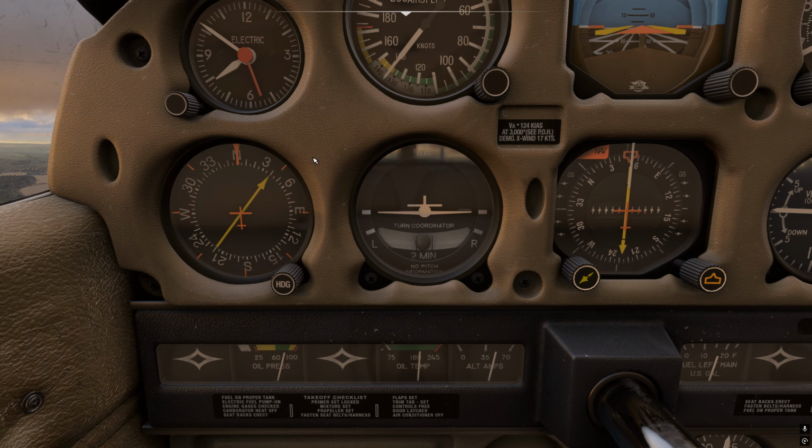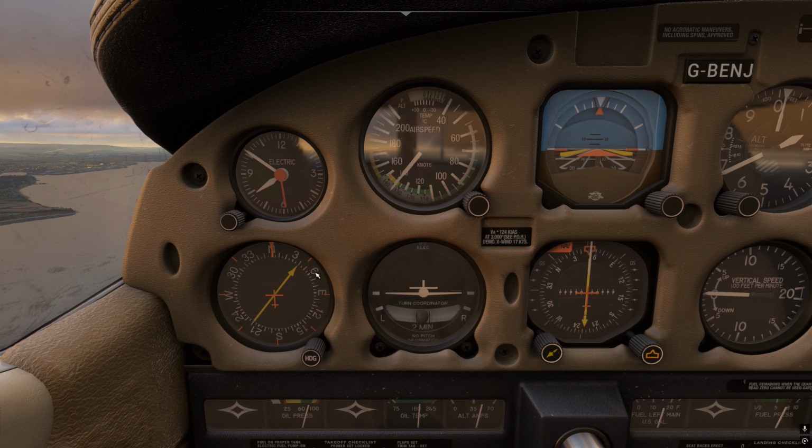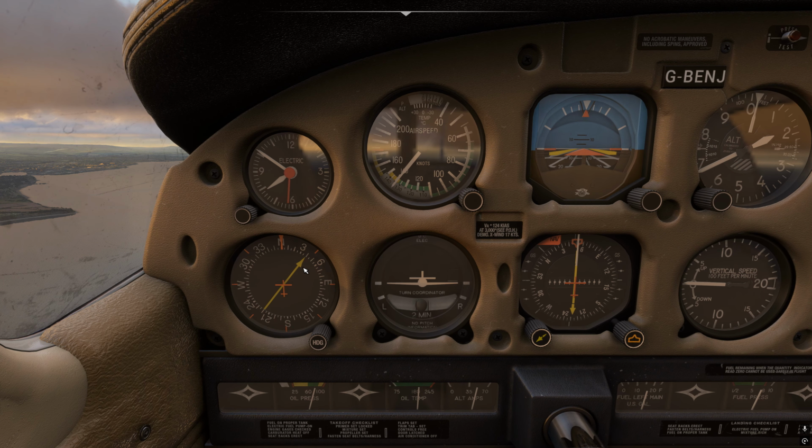Well, going back to the relative bearing, on a fixed compass card, we need to do that equation, remember? Magnetic heading plus the relative bearing equals your QDM. So that equals your track or bearing to head towards the nav aid, or the NDB in this case.